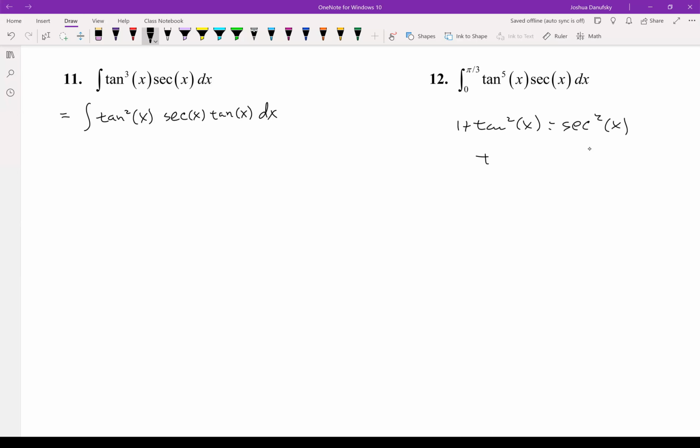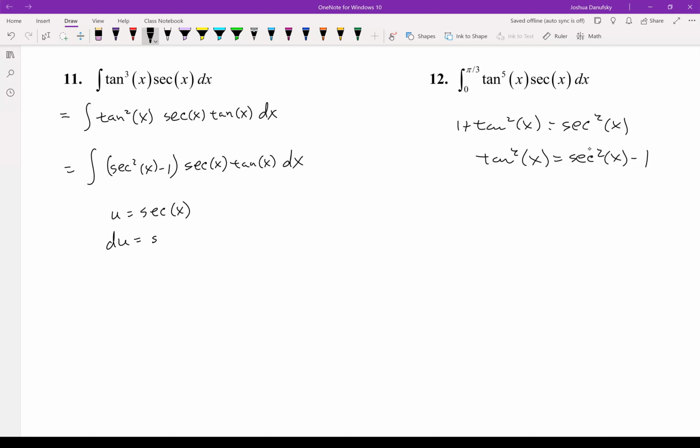So that means that tan squared x is equal to secant squared x minus 1. So if we write this as secant squared x minus 1 times the secant of x tan x dx, we can let u equal secant x, and du is going to be secant x tan x, like that.